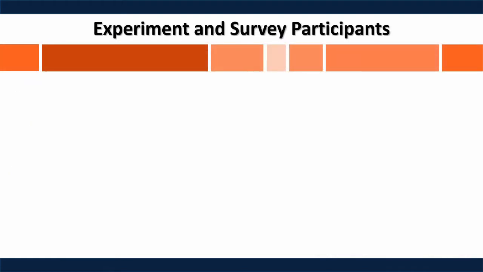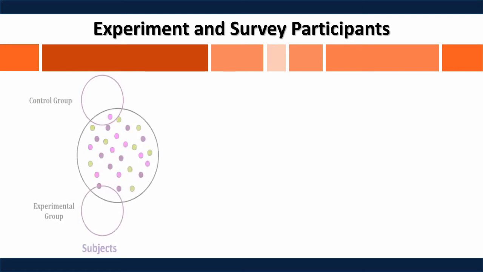I wanted to make a quick note about the use of language in experiments and surveys in case you're reading an empirical journal article and get confused by the notation. In both surveys and experiments, we employ the use of participants that we recruit through a random or non-random sampling method. When participants agree to participate in an experiment, they're referred to as subjects.